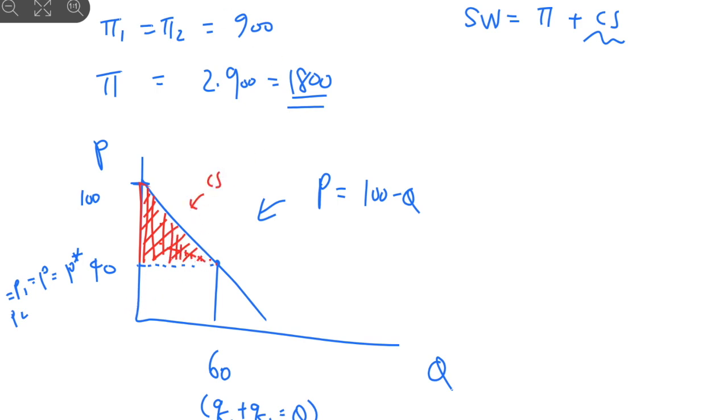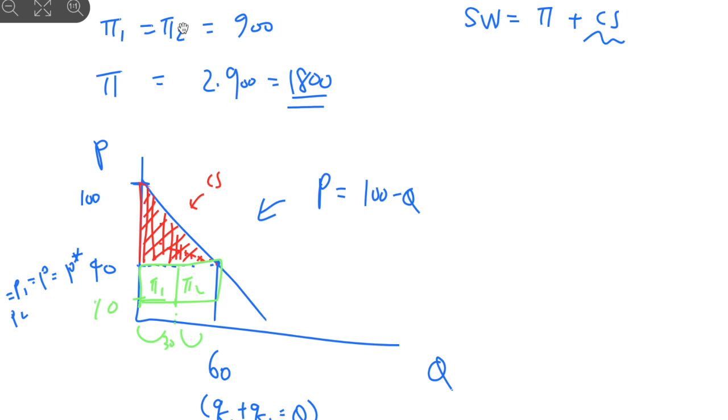What about the profit? We have the cost right here at $10, and the whole size is what? The total pie. Well, we can split it into 30 and 30. So we can have it as pi 1 plus pi 2, and together becomes pi.